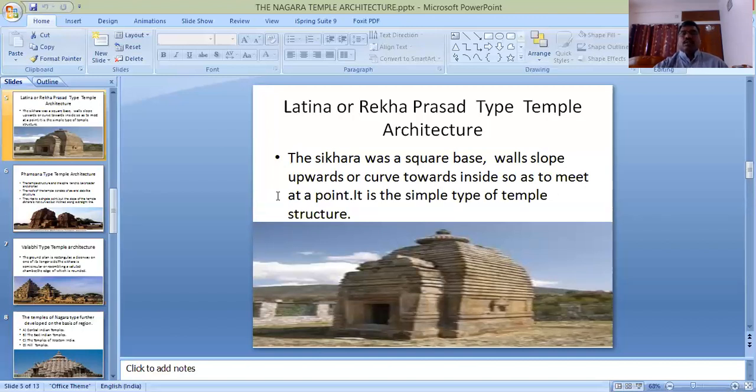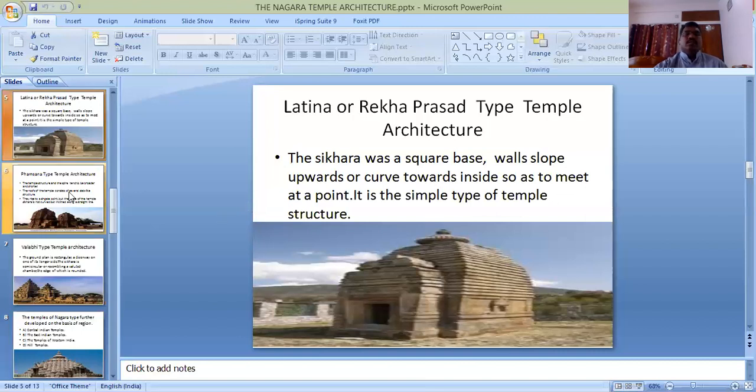It is a very simple type of temple architecture, known to us as Latina or Rekha Prasad type temple architecture, whose shikhara has a square base, with walls sloping upwards or curving towards the inside so as to meet at a point.